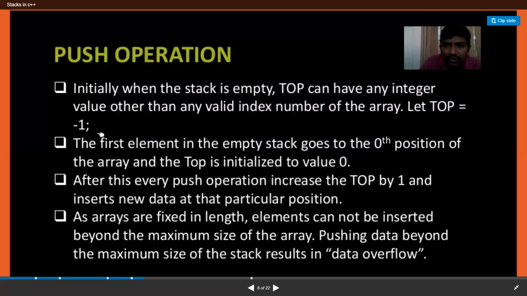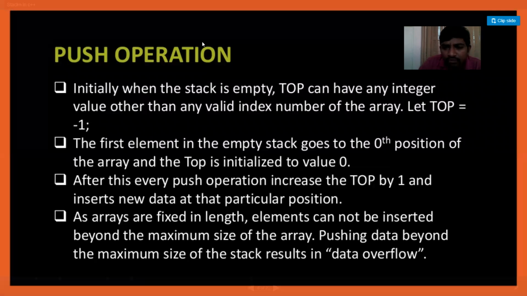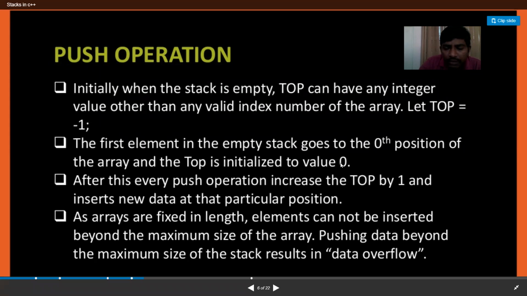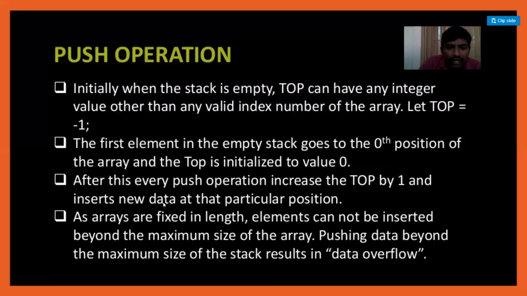Initially top is -1, increased by 1, -1 plus 1, then top value will be 0. That means the first index is empty, so we can insert the element into the first index. After this, every push operation increases the top by 1 and inserts new data at that position.